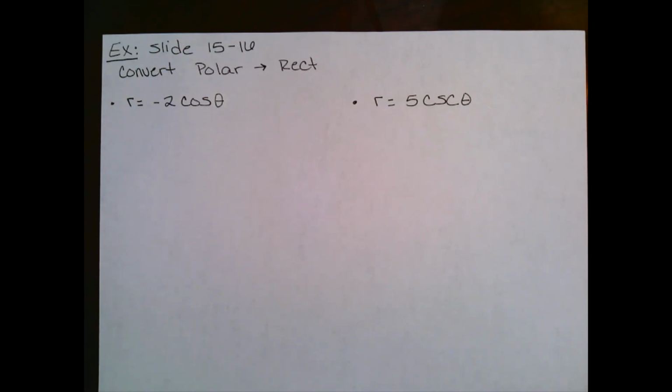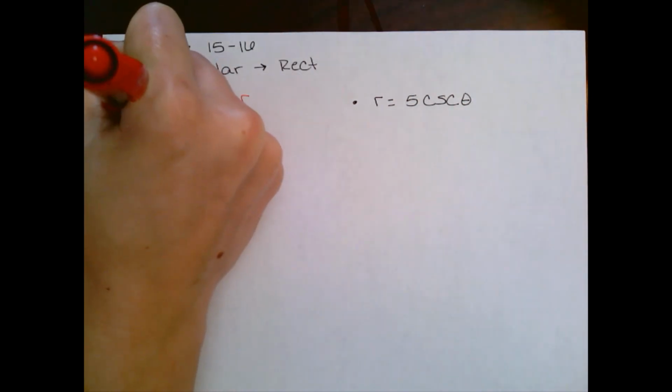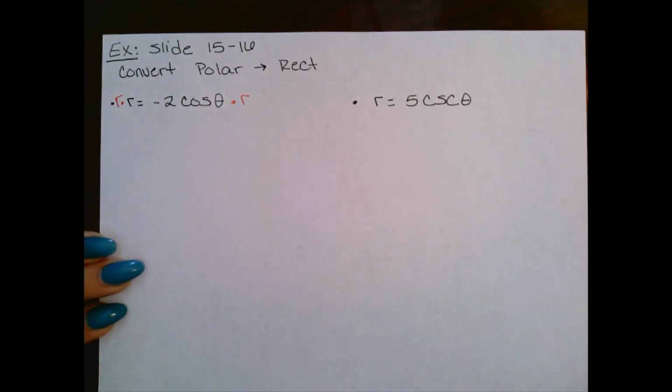So like back in algebra, when we were trying to solve an equation that we were allowed to like add a 3 to one side as long as we did it to the other to keep it balanced, that same rule is going to apply here. So if I have a formula for cosine with an r being multiplied, that just means I can multiply an r in, but if I do it to one side, I have to do it to both.